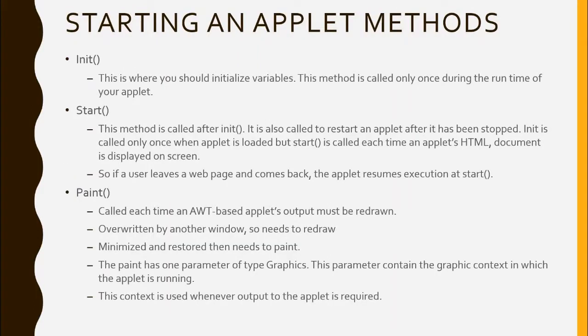Starting an applet, methods: init, this is where you should initialize variables. This method is called only once during the runtime of your applet. So init is where, for example, if you wrote a calculator applet, and you have written another class separately to do additions and subtractions of the two numbers, you instantiate that new class there.